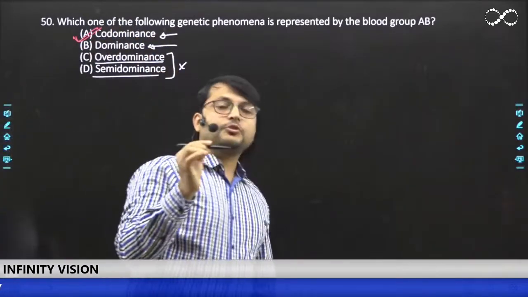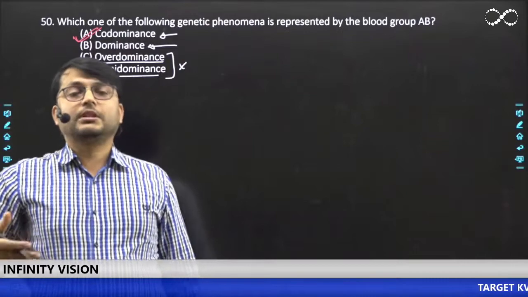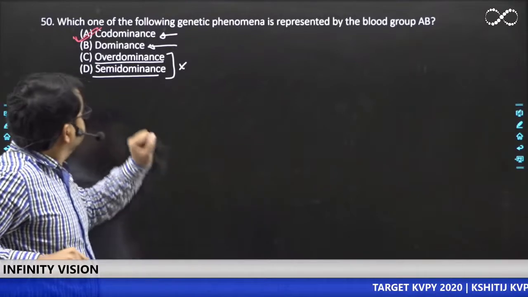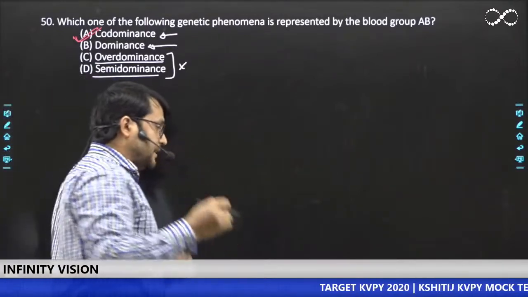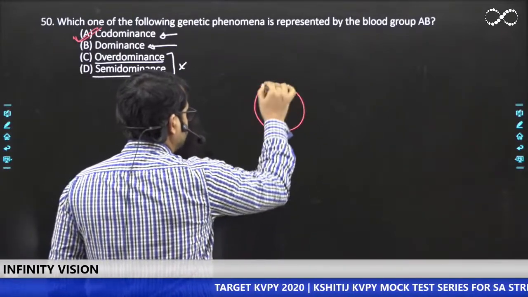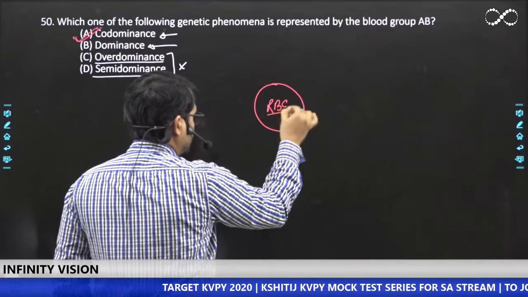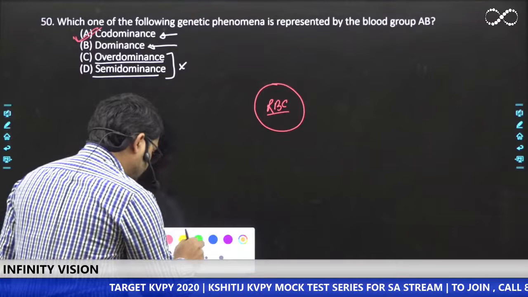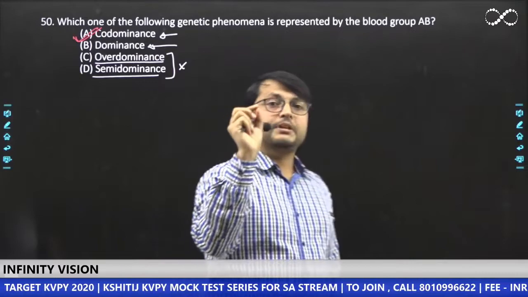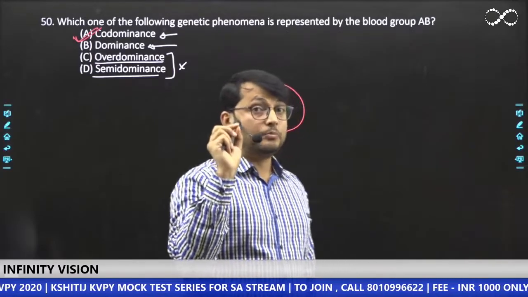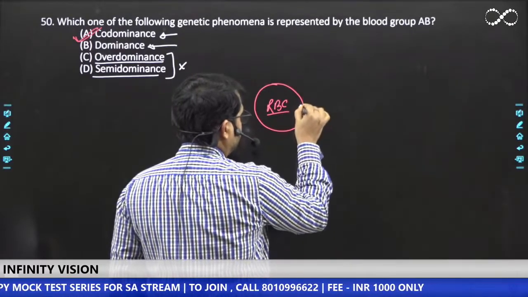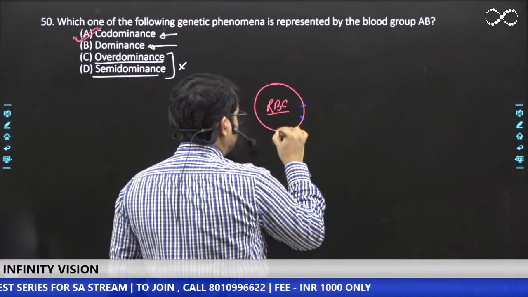Now, the question arises, what is codominance and how is it a case of codominance, right? Look, when we are talking of AB blood type, first understand how the AB blood type arises. Suppose this is RBC. It is your red blood cell. Now, on these RBCs, there are certain proteins, glycoproteins on the membrane of these RBCs. Maybe here is one glycoprotein, another glycoprotein.